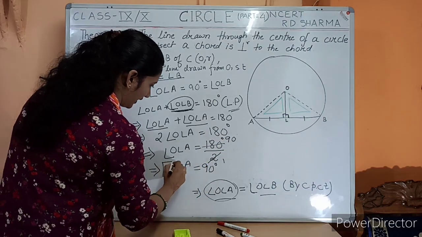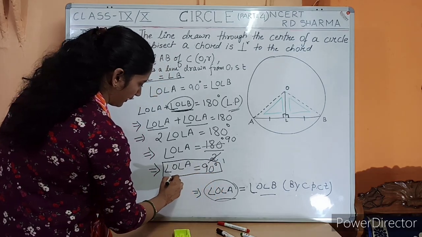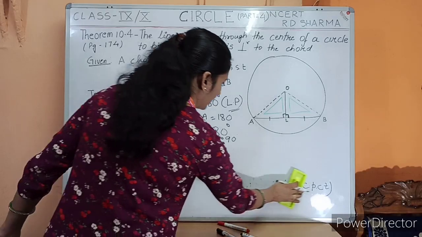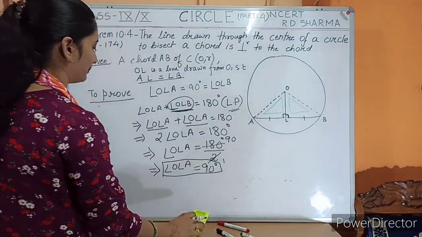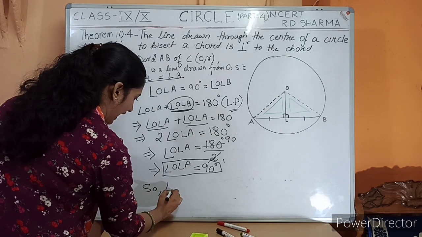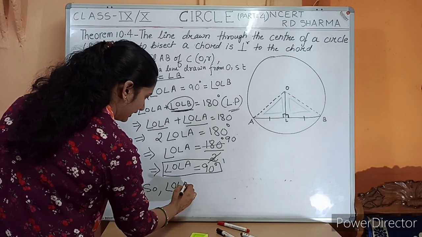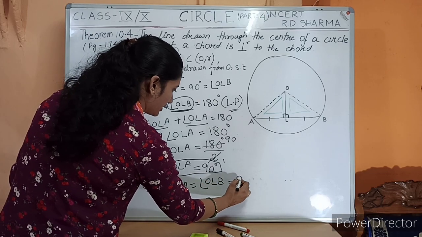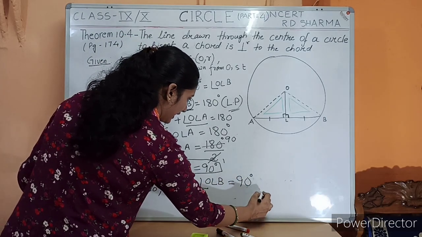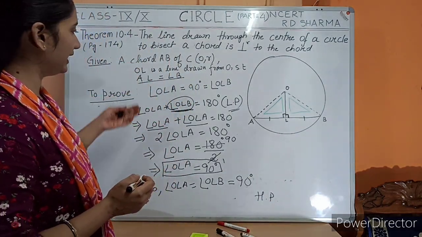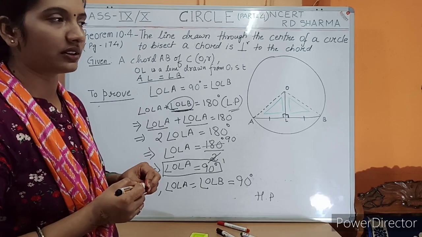So we have proved whatever we needed to do. So here the theorem completes. So we can write angle OLA is equal to angle OLB is equal to 90 degree. Hence proved. So children, you may see that this is also a very simple theorem.